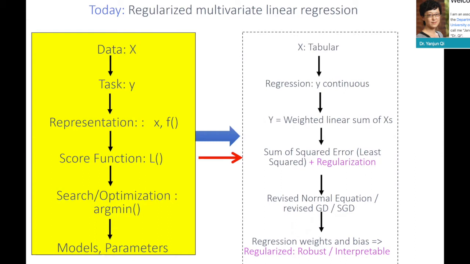The change is that we're going to change our loss function by adding some kind of regularization loss. The regularizations are normally norm functions on your weight vectors. Because of these changes, if you do the L2 type, it results in a revised normal equation solution and also a revised, actually non-gradient descent.